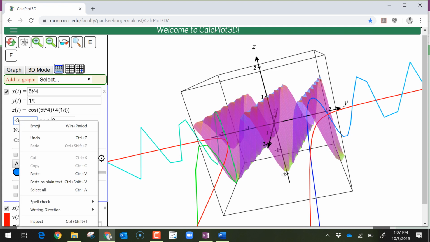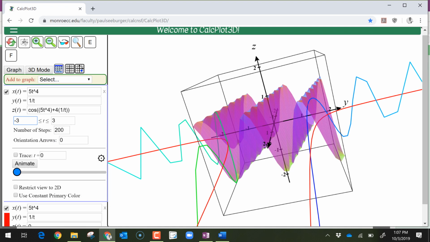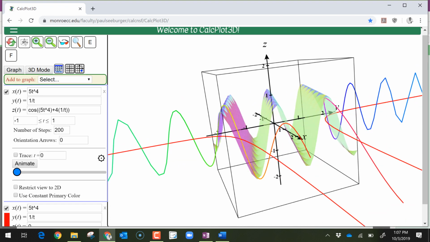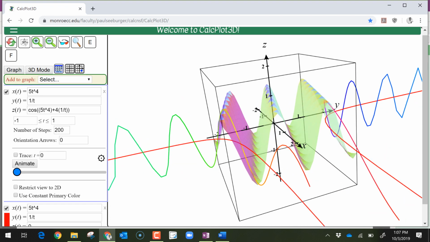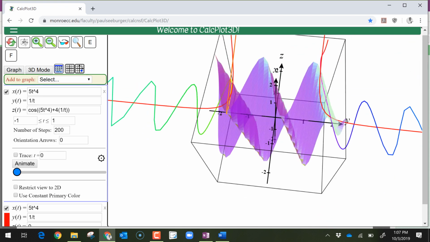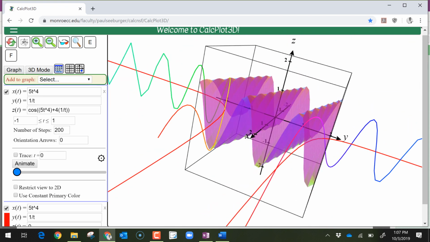Maybe let's go from -1 to 1. That looks confusing. Yeah, I figured this wasn't going to be a good example.